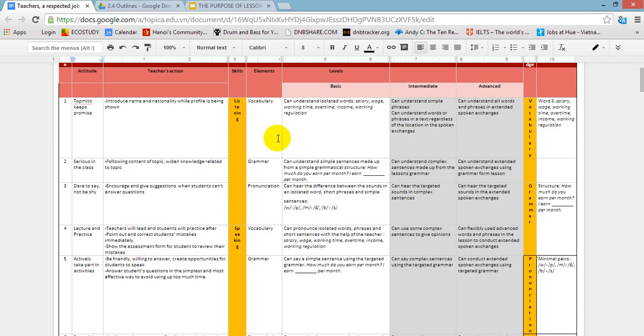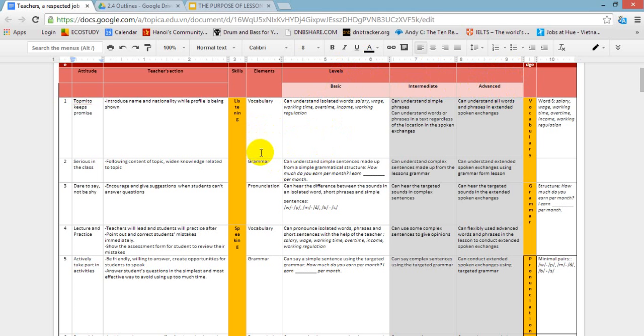And at the moment, we are dealing with 2 different levels of students, the basic and the intermediate, so not the advanced today.